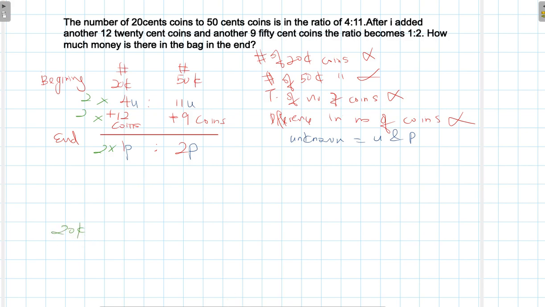20 cents. At the start, I have 4 units, plus 12 coins, and then here is 1 part. So the 50-cent one, I have 11 units.